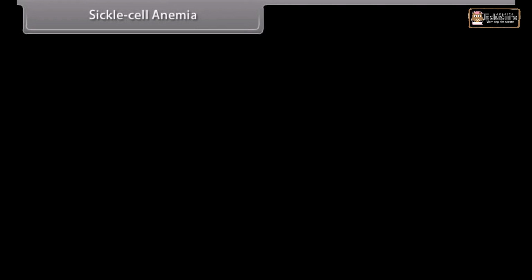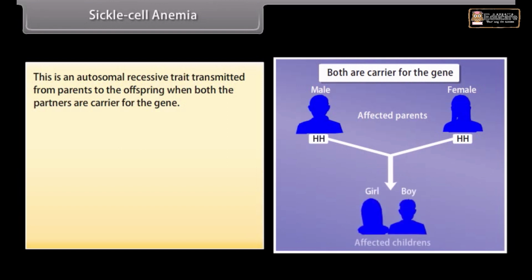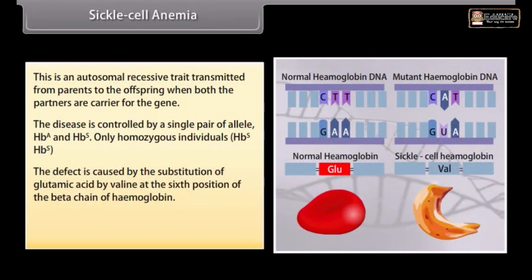Sickle cell anemia. This is an autosomal recessive trait transmitted from parents to the offspring when both the partners are carriers for the gene. The disease is controlled by a single pair of alleles, HbA and HbS, and only homozygous individuals, HbS HbS, are affected. The defect is caused by the substitution of glutamic acid by valine at the 6th position of the beta chain of hemoglobin.